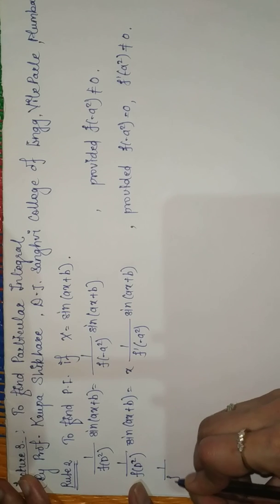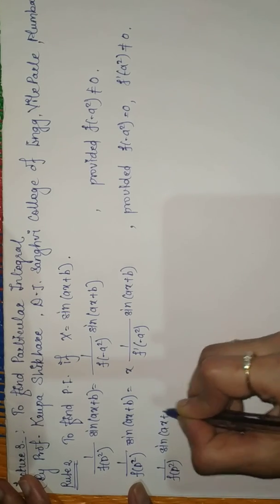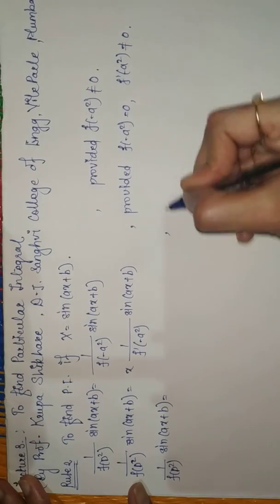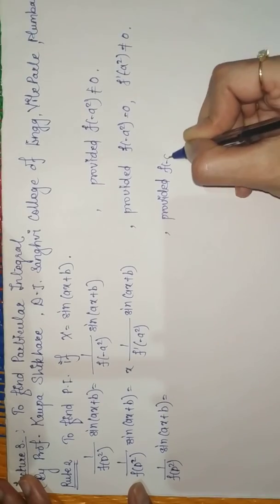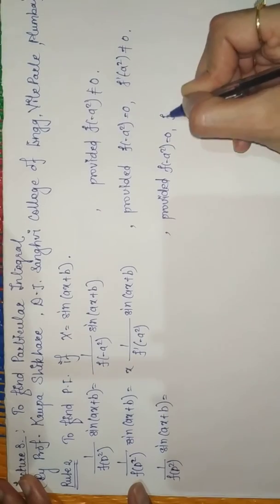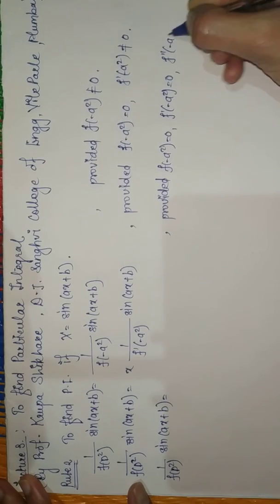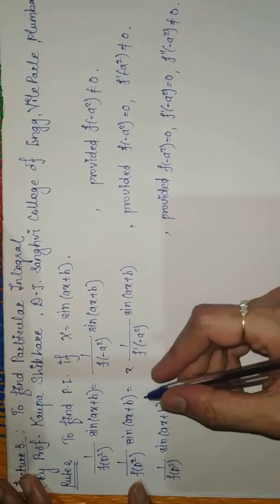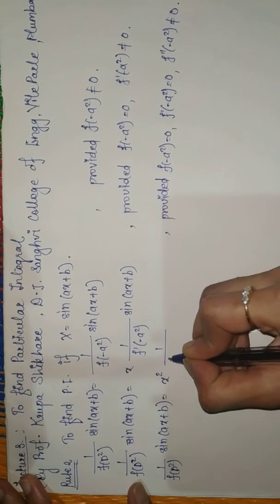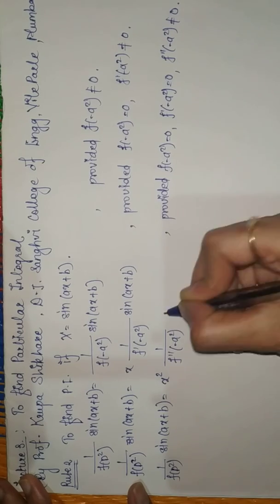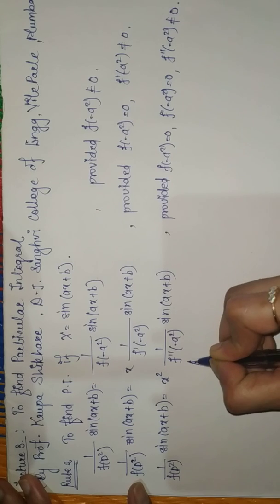So we can say 1 upon f of D square sine of ax plus b is equivalent to, if f of minus a square is equal to 0, f dash of minus a square is also 0, but f double dash of minus a square is not equal to 0, then this is x square into 1 upon f double dash of minus a square sine of ax plus b, and so on.